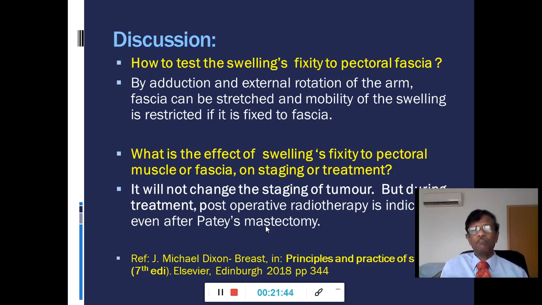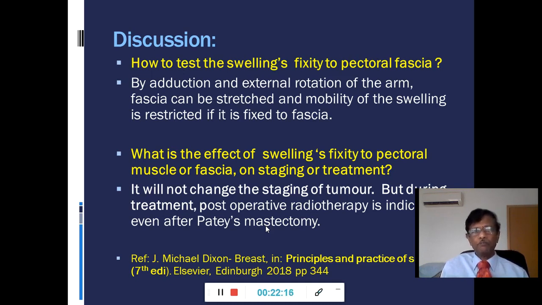What is the effect of a swelling's fixity to pectoral muscle or fascia on staging or treatment? When the swelling is fixed to serratus anterior, it is T4A stage. But when the swelling is fixed to the pectoralis muscle and fascia, it will not change the staging of the tumor.